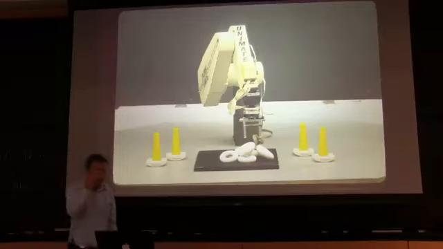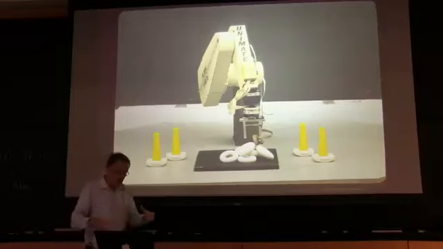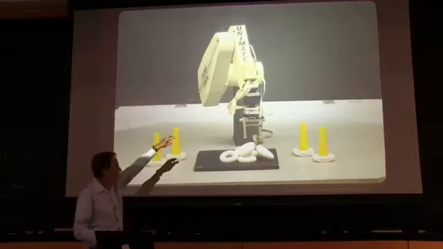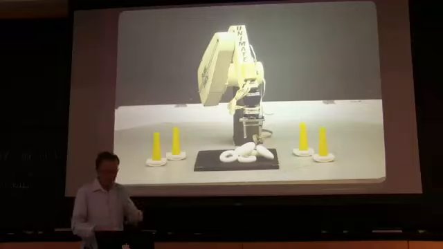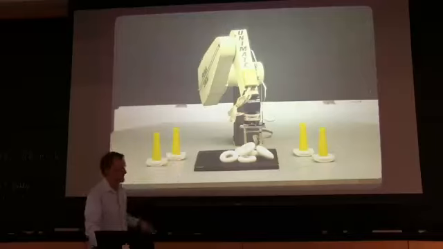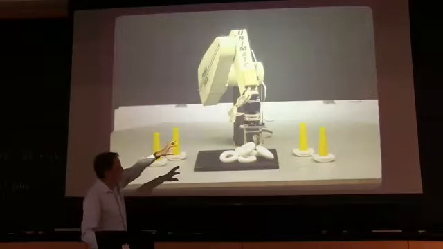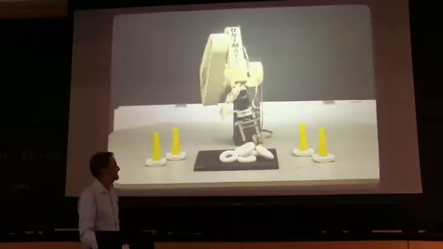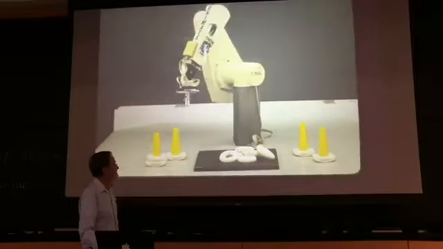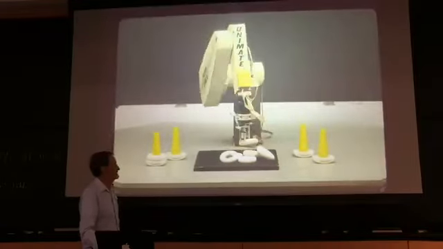The way this works is that you do all this image processing, you figure out which object to pick up and how it's oriented, and then you reach down with a hand until a beam is interrupted. Then you know the depth. Here the beam is interrupted, and now the robot backs up and reorients the hand for grasping. Then it comes back and grasps that object, and so on.